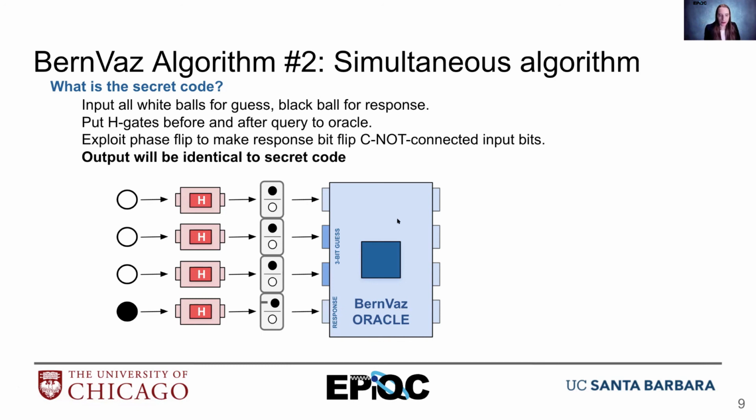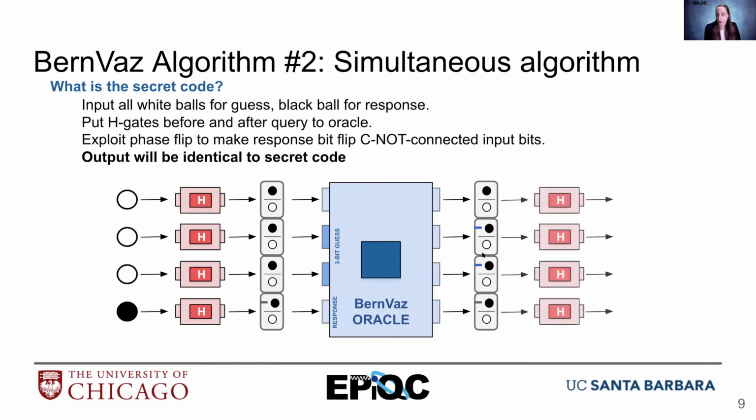Let's see what happens here. We had a 0, 1, 1, and so now the two ones got a negative sign. When we put everything through an H gate, we actually get the exact secret code, 0, 1, 1. So in a single operation with this oracle, because we preceded and succeeded it with H gates, we end up finding out the secret code in a single trial.